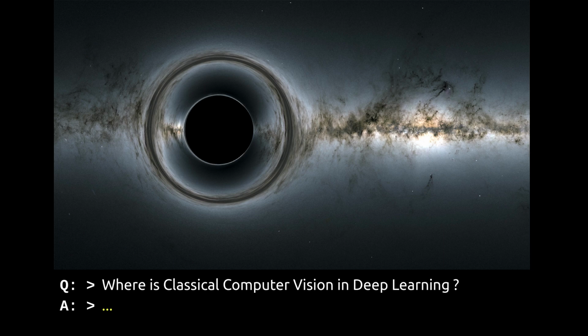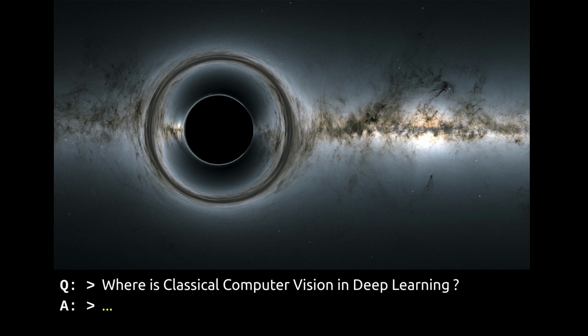So basically, Kornia is a computer vision library for deep learning, and it comes from the fact that at the starting point of this new deep learning era of libraries, we had this question.